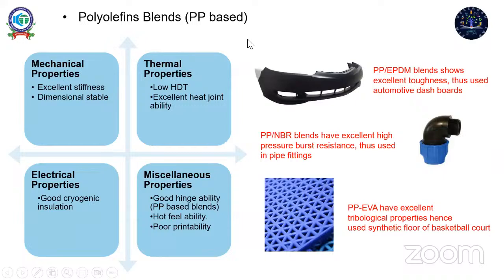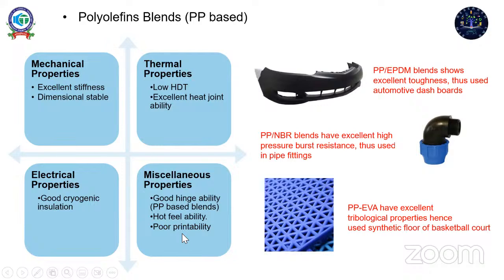Now talking about polypropylene based blends. When we see polypropylene based blends, the properties are somewhat similar to the polyethylene based blends. Again you have good hot fillability, but you will have poor printability.